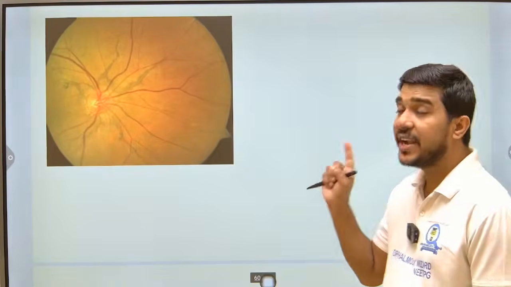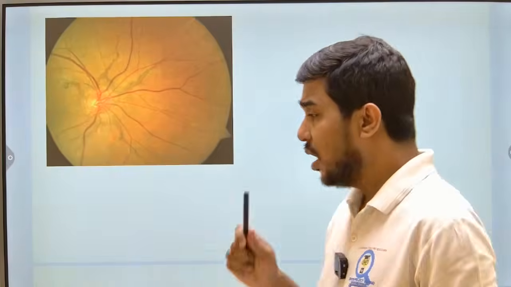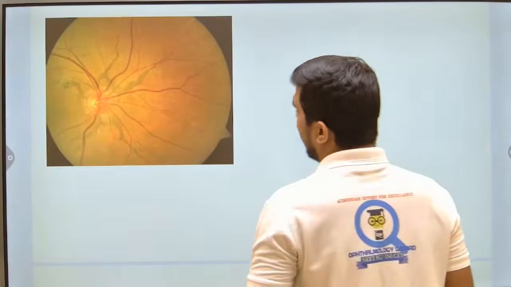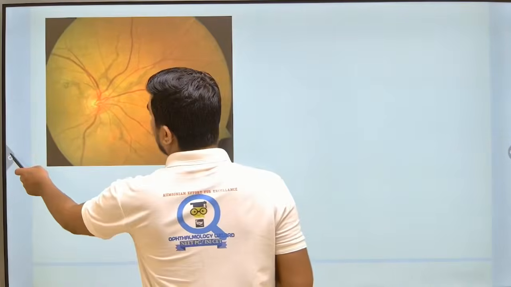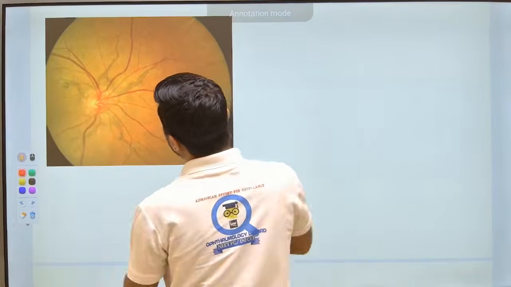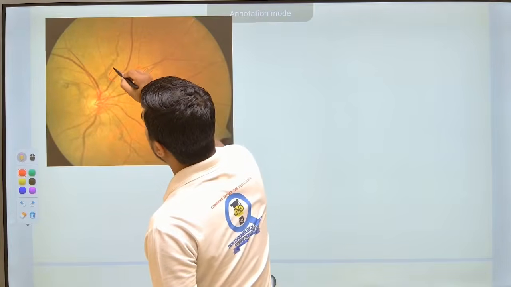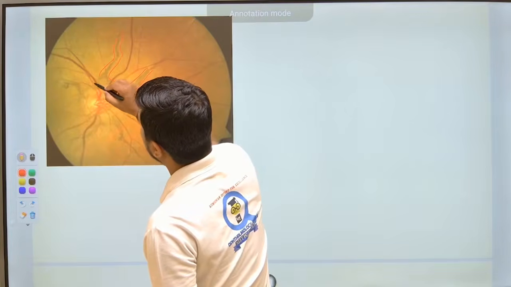What does this picture indicate? What is the secret of this picture? Understand the point. If you see carefully, you will observe there are some cracks. Can you see the cracks here? See the cracks, they go like this.